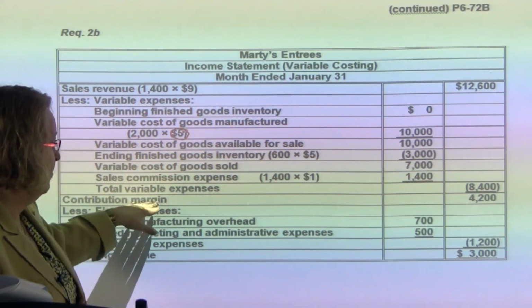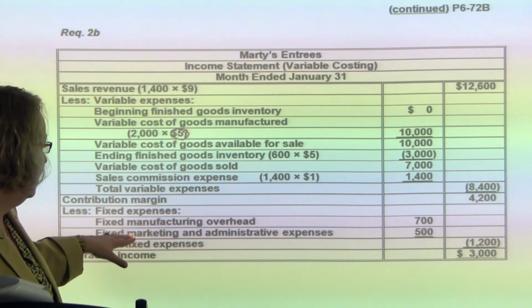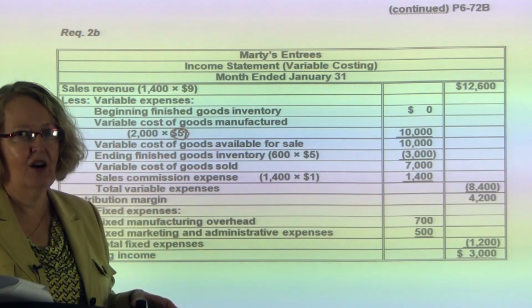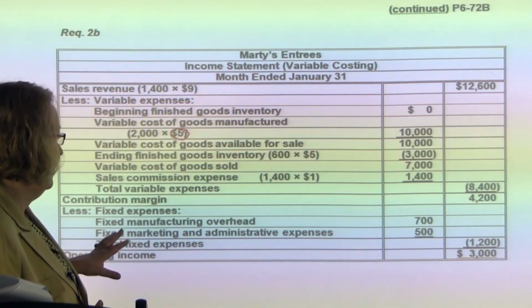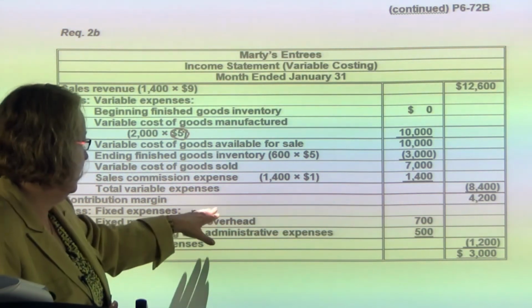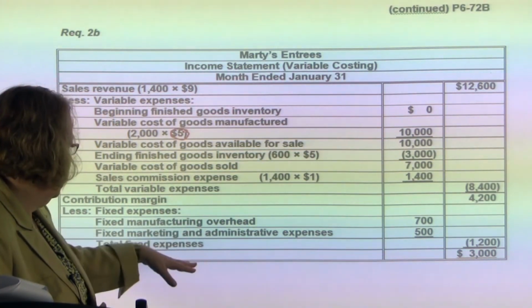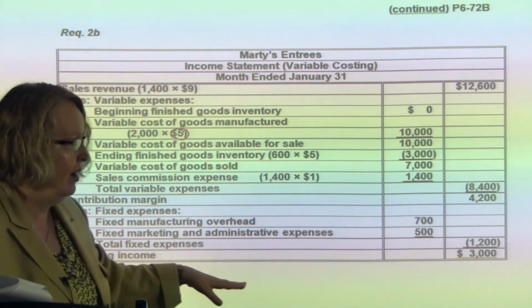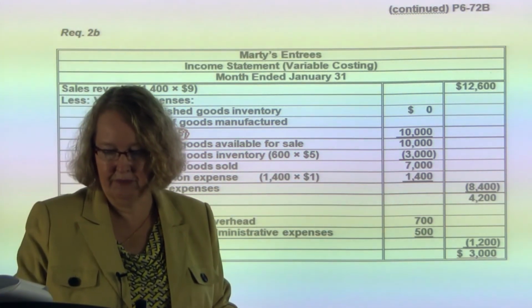Now you have a contribution margin of $4,200. So now you subtract all of your fixed costs, both your fixed manufacturing and your fixed marketing and administration. You're given the 700 in the problem, and the 500 as well. So under variable costing, the income is going to be $3,000.